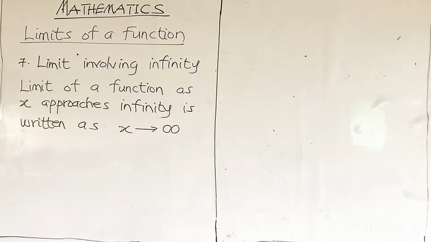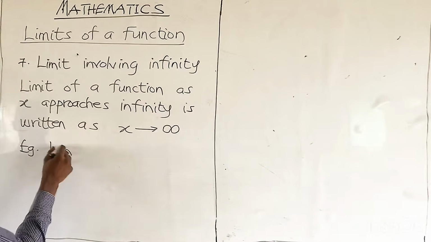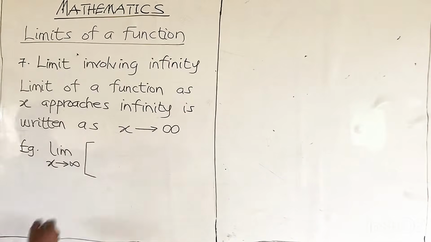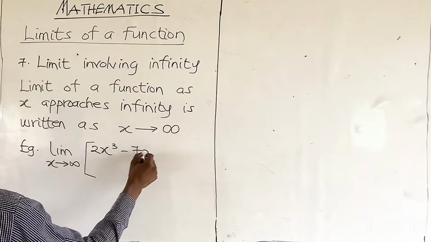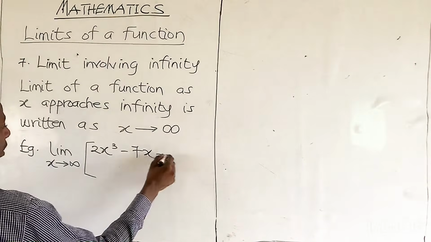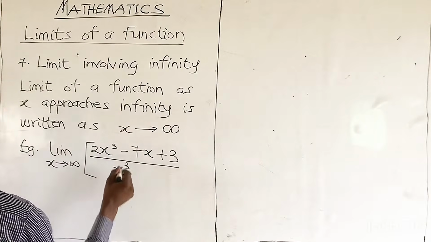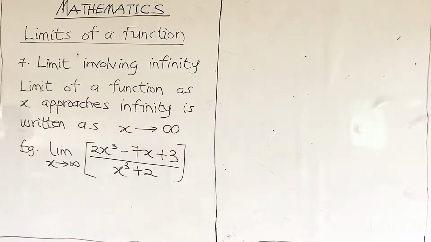Now let's have some few examples. For example, the limit as x approaches infinity of (2x cubed minus 7x plus 3) all over (x cubed plus 2).